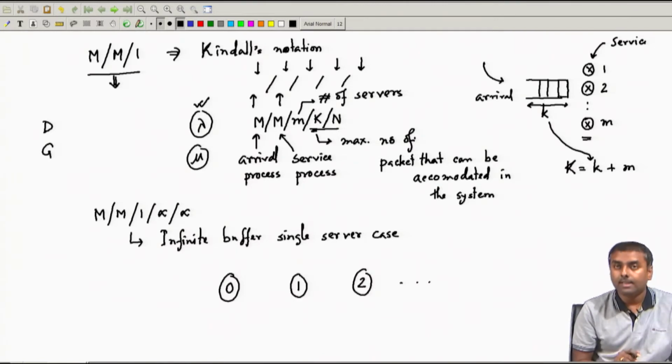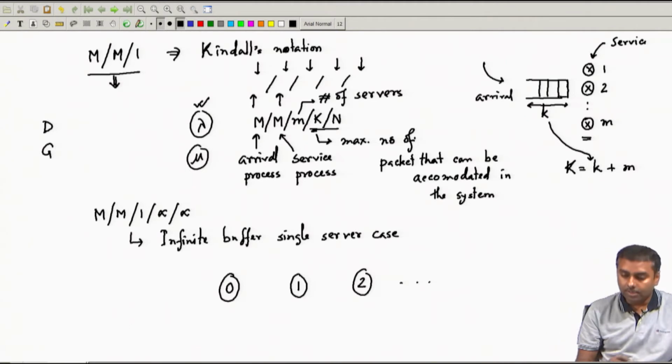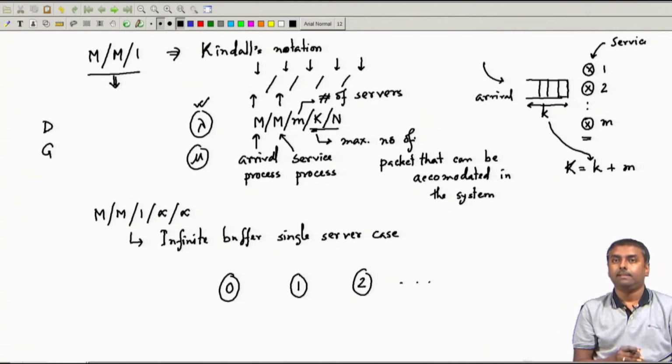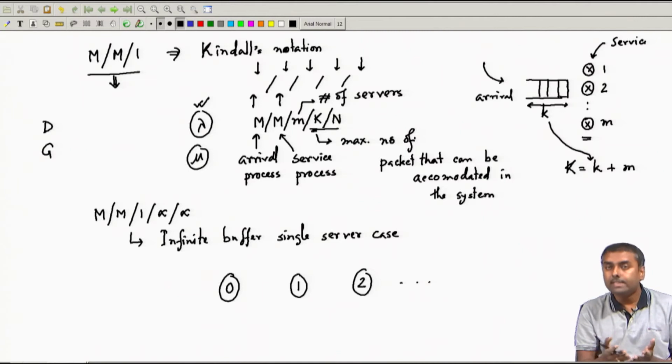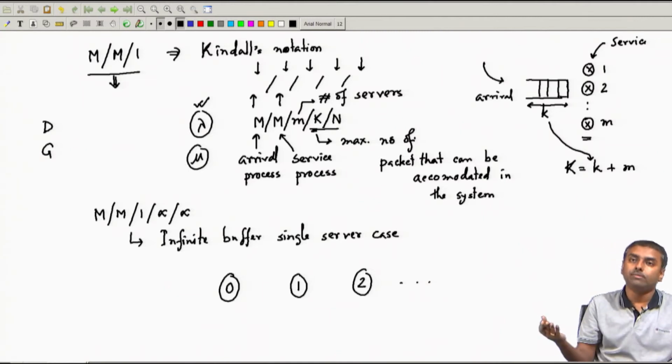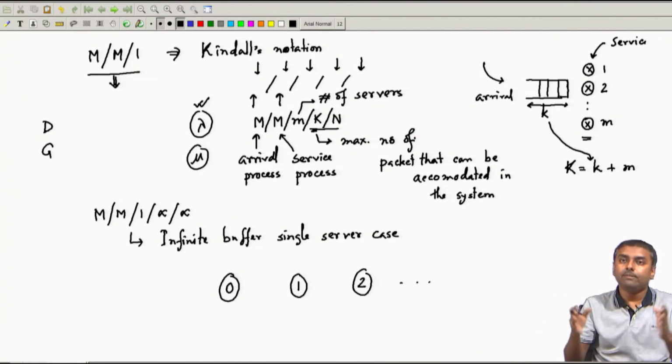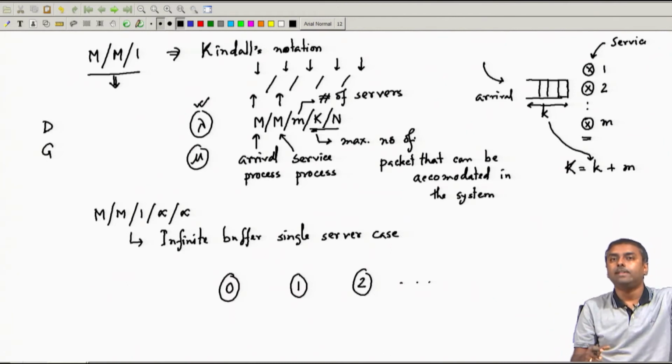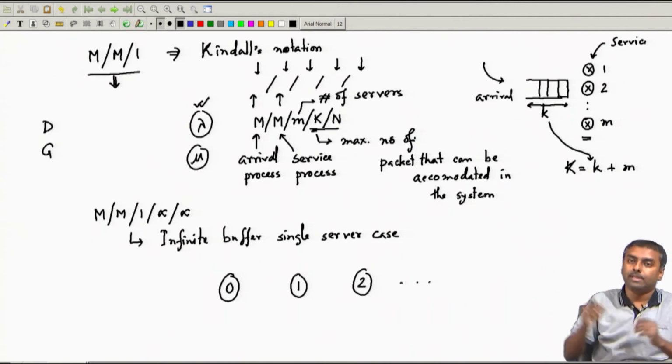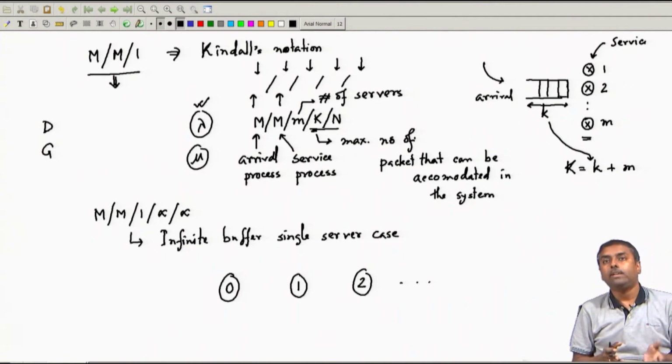Now, you can see how far this state can go, because the queue length is not finite. State also potentially can grow up to infinity, because if too many customers are coming and the server is not capable of serving all of them, it will just go towards infinity. Therefore, the potential state can go up to infinity.